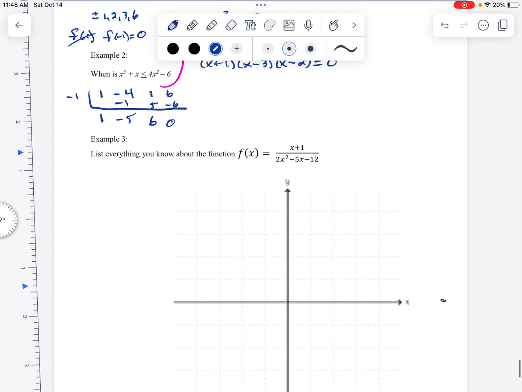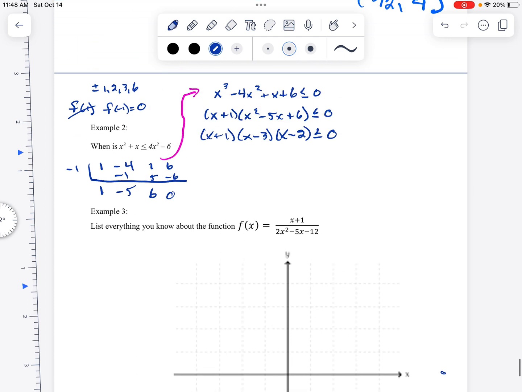And now I have what would be my zeros. So I'm looking at 2 is a 0, 3 is a 0, and negative 1 would be a 0. So what I want to do here is look at those intervals.